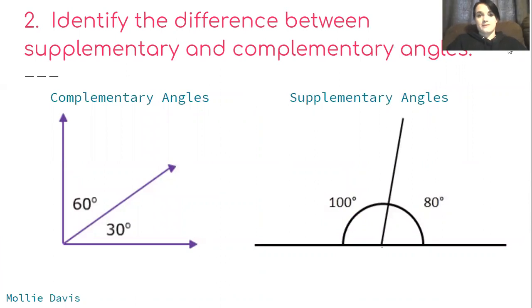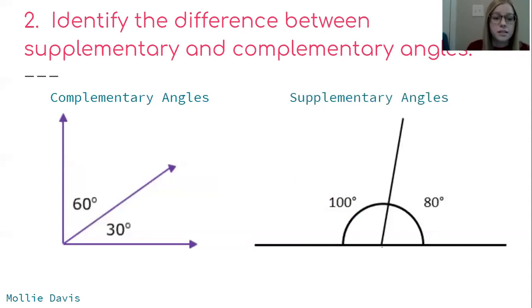Molly, identify the difference between supplementary and complementary angles. Okay, so for number 2, I just wanted to give an idea of how to tell the difference between a complementary versus a supplementary angle. As you can see over here with this visual on the left, this is complementary, and that simply means that two angles are going to equal exactly 90 degrees.